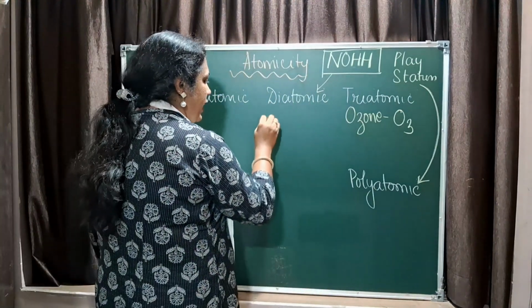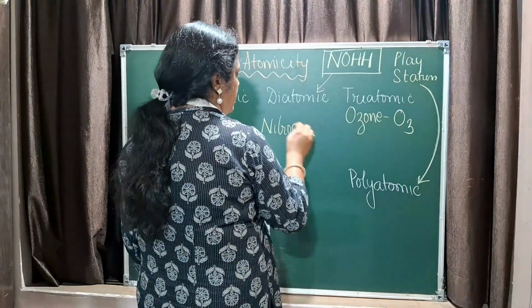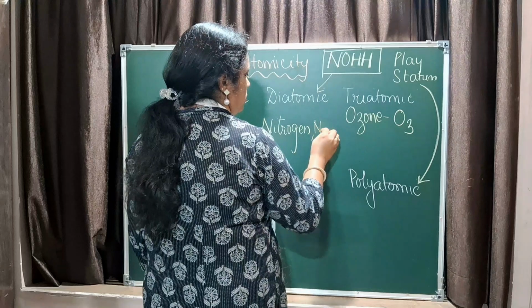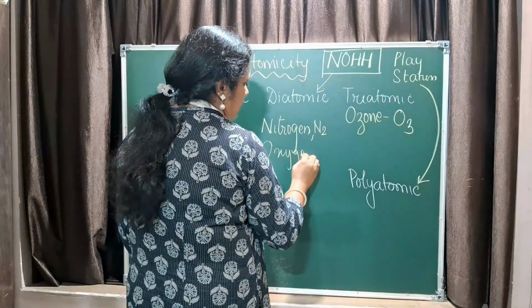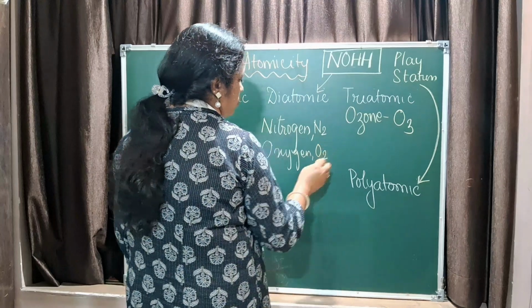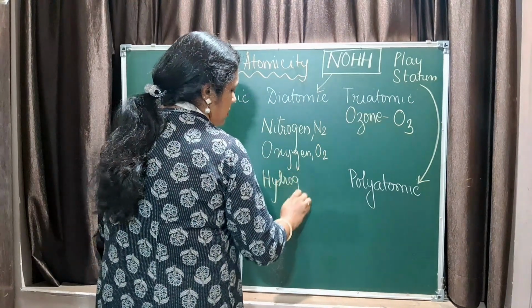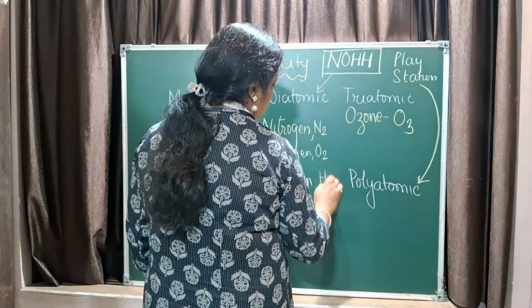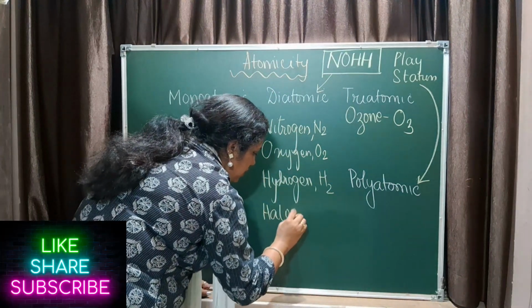In NO PlayStation, N is for nitrogen, that is N2, O is for oxygen, that is O2, H is for hydrogen, that is H2, and another H is for halogens.